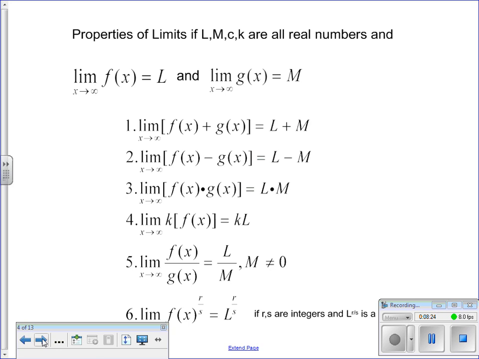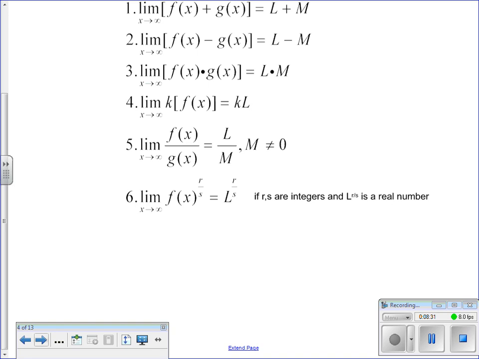So we did these properties. There is a new property added on here, though. And this is kind of an important one, number 6. I don't think you got property number 6 last time. The limit of a function to a power is the limit of that function to the power.